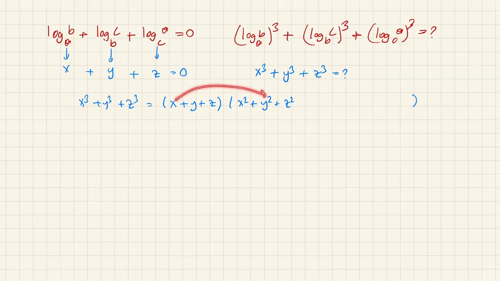But if I multiply x by y squared, I get x y squared. If I multiply x by z squared, that will be x z squared. And the same thing with y times x squared, and y times y squared is y cubed, which we already have. So y times z squared, and then z times x squared plus z times y squared.